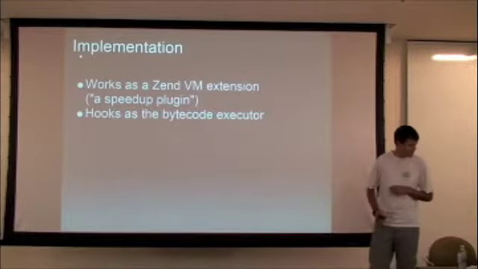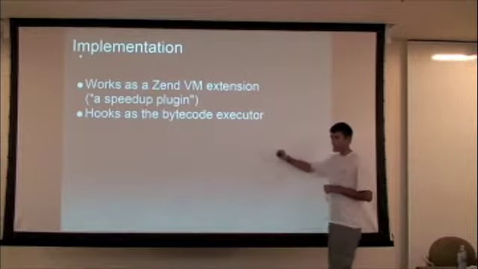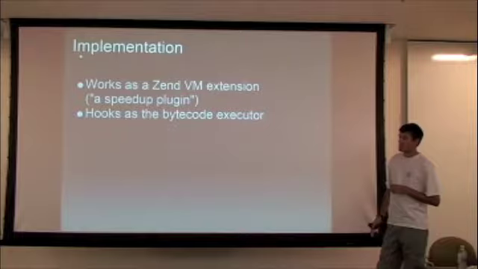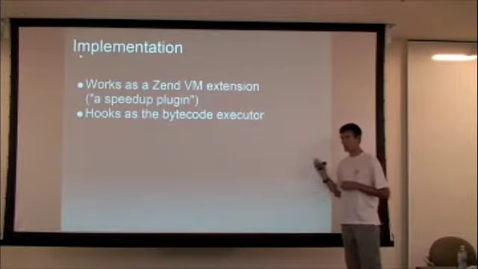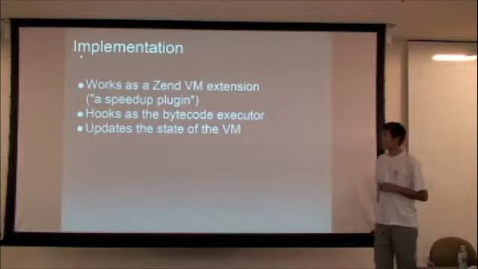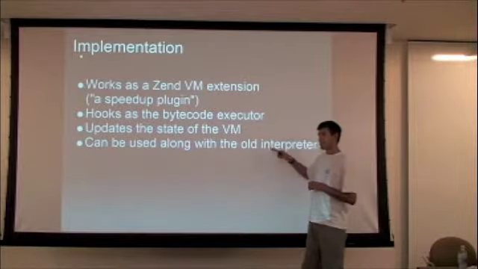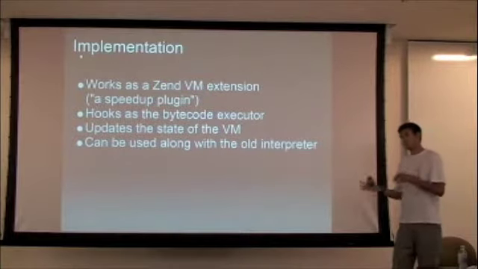So we hook in the bytecode executor, as opposed to bytecode caches, which hook in the compiler. We receive bytecodes as input, and then instead of interpreting them, we JIT compile them. Also, we update the state of the VM so that we can use the old interpreter or JIT.